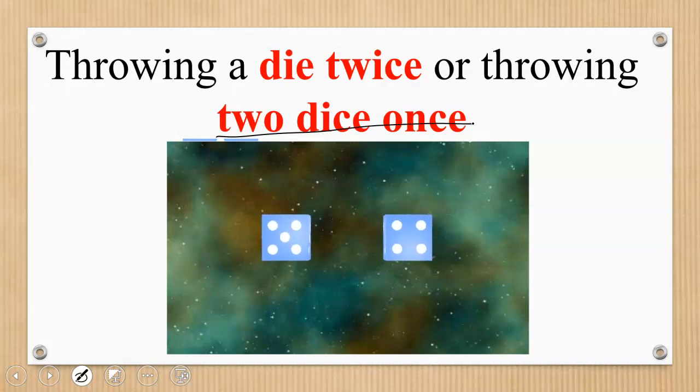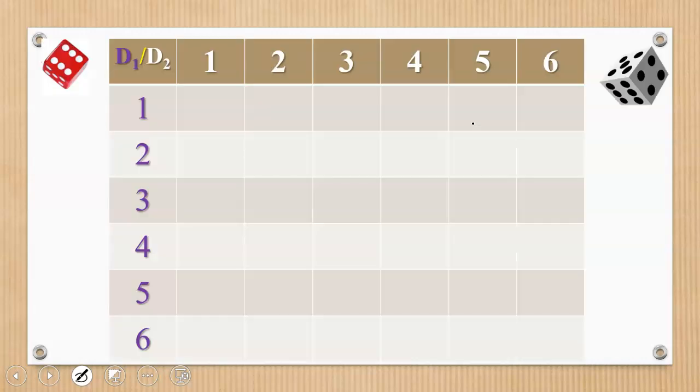So can we generalize all of them? We can tabulate this like this. Maybe die 1, die 2. So either my first die comes as 1 and the second comes as 1 as well, or first comes as 1 and second as 2, or first 1 and second 3, or 1, 4, 1, 5, 1, 6.